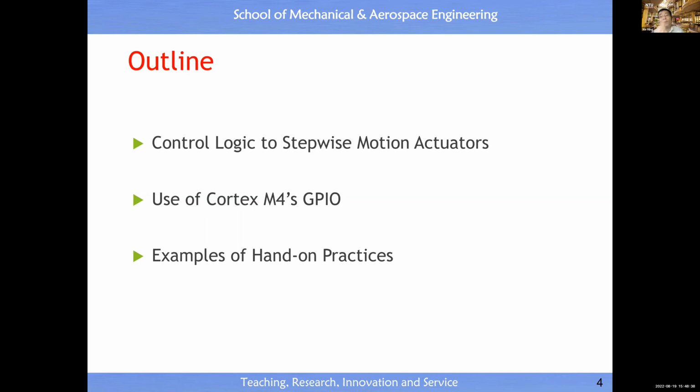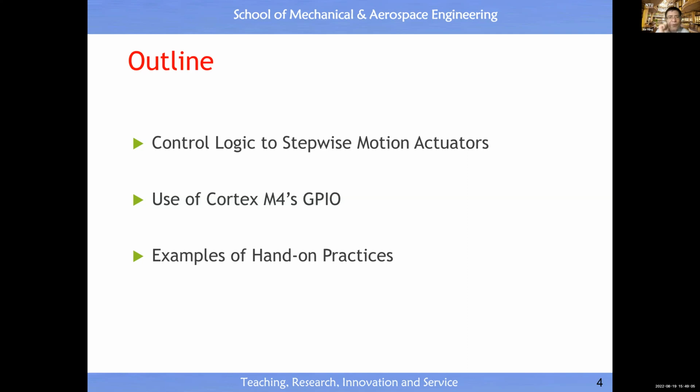Okay, just now is wrong. So single phase actuator refers to continuous motion actuator with a brush, right? And the 3-phase actuator refers to continuous motion actuator without the brush, right? Then stepwise motion actuators are basically 2-phase actuators, right?